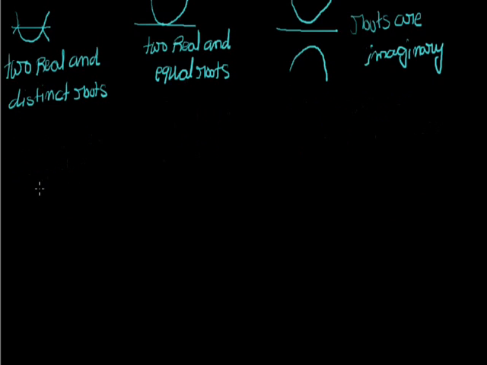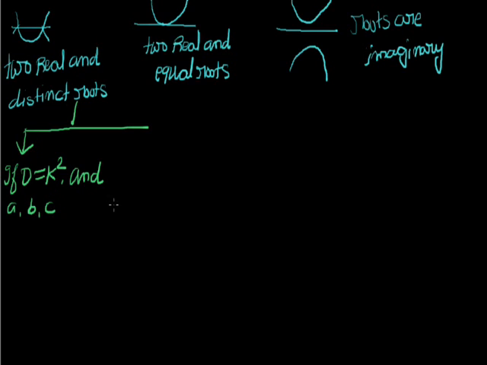Now let us come to the further classification of D greater than 0. We can classify it in the next manner. If D is a perfect square and a, b and c, meaning the coefficients of x square, x and the constant term, are rational, then the equation has rational roots.